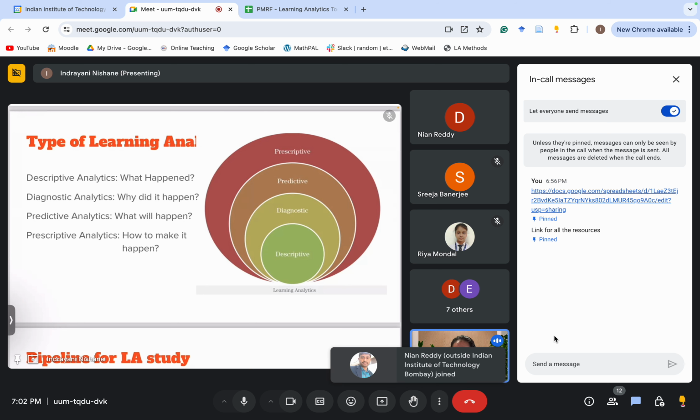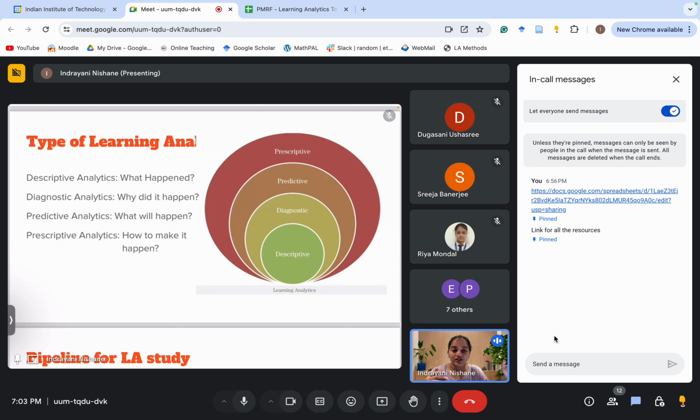Then diagnostic, as in some diagnosis of why something has happened. So to get an answer to that question, we do diagnostic analysis. In descriptive analysis, we generally go for visualization using different graphs and other things. And in diagnostic analysis, we try to understand why certain things have happened.